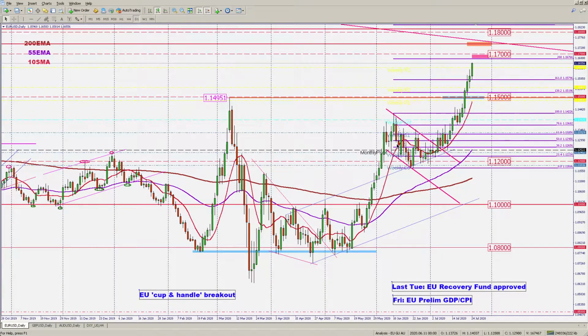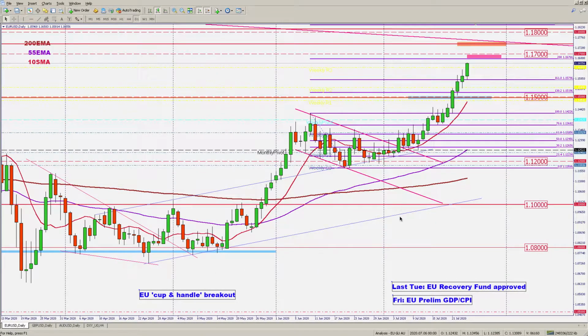The cup with the handle as a brief bearish channel, and then the breakout from the channel and rallying up higher. So that does look similar to a cup and handle breakout, similar to the stock market.